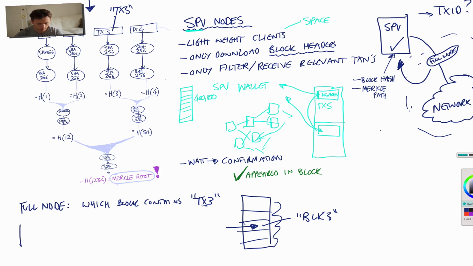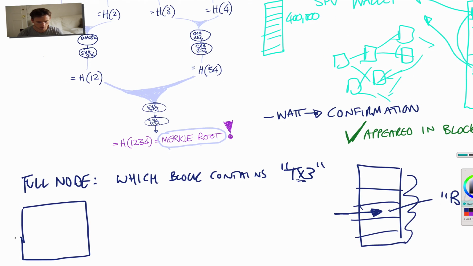so block 3 looks like this. And block 3 has, as all block headers do, this is the header. For block 3, it has the previous block hash.